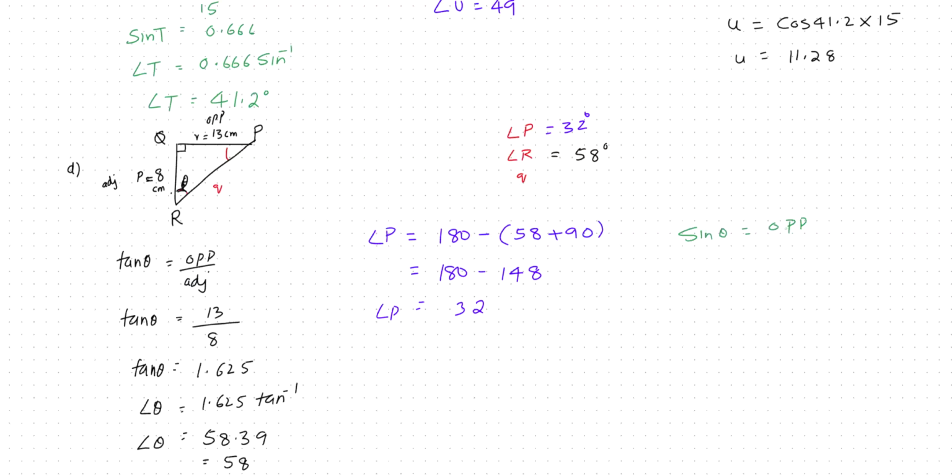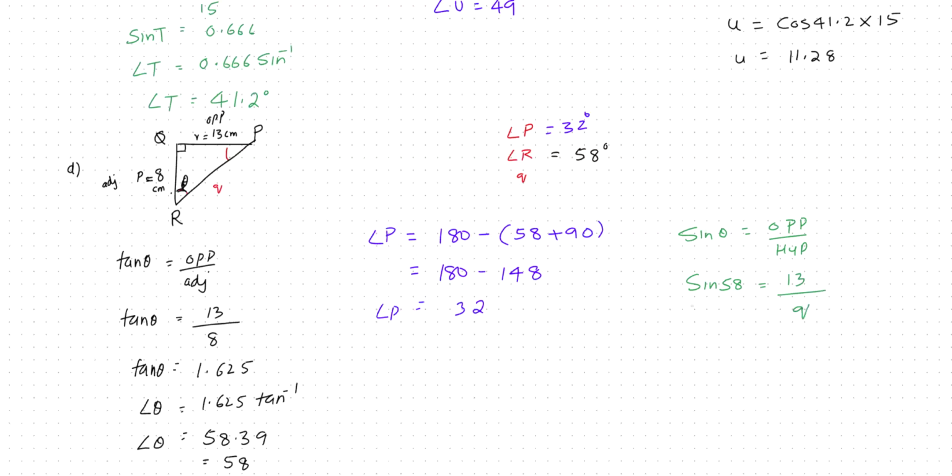And sine R, we got 58. So sine 58 equals opposite is 13 and hypotenuse you have to find. So we cross multiply.